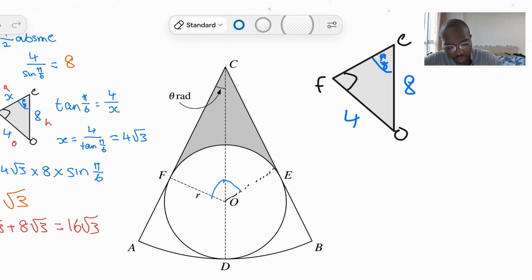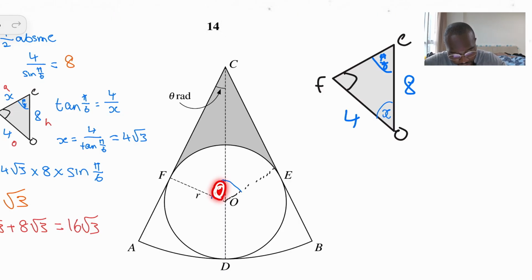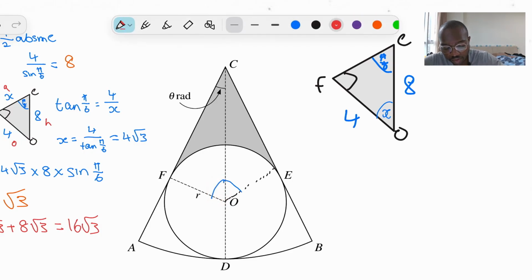Now we want to work out what this angle is here, because that angle is the same as this angle here. If we can work that angle out, then we can use the formula for the area of a sector. In this case, this would be the opposite, this would be the adjacent, and this would be the hypotenuse.